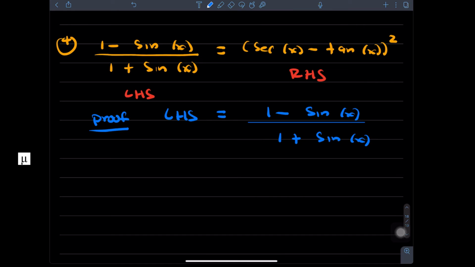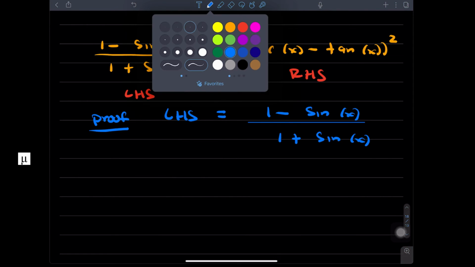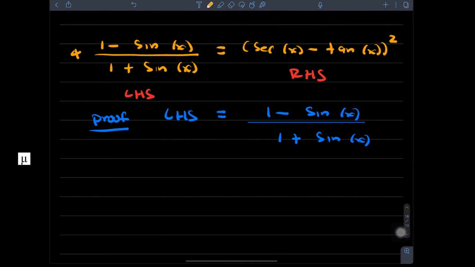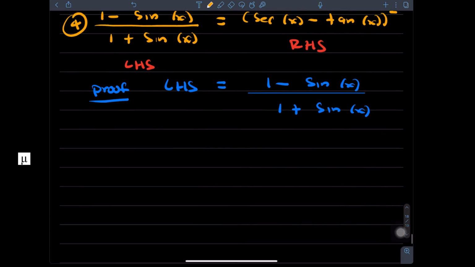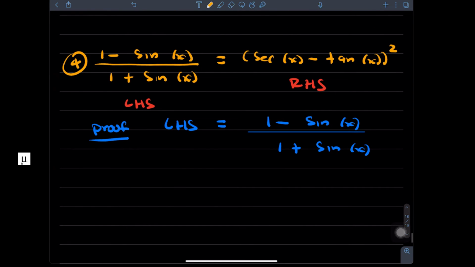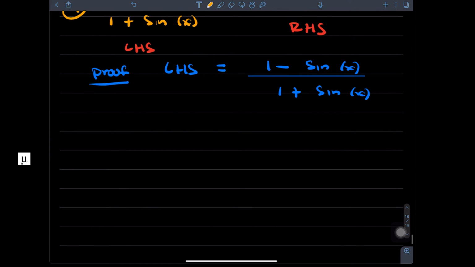Product there. So does anybody remember from intermediate algebra?